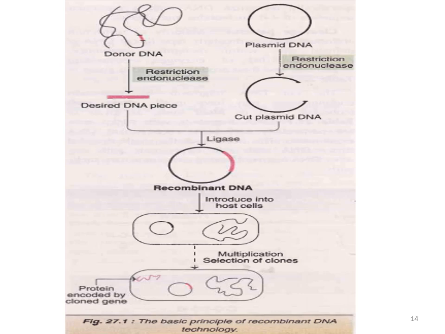The purpose for the digestion of the donor DNA is to get the desired DNA piece, while the purpose for the digestion of the plasmid DNA is so that the desired DNA piece can get incorporated into this plasmid. Now, the next step is the ligation.